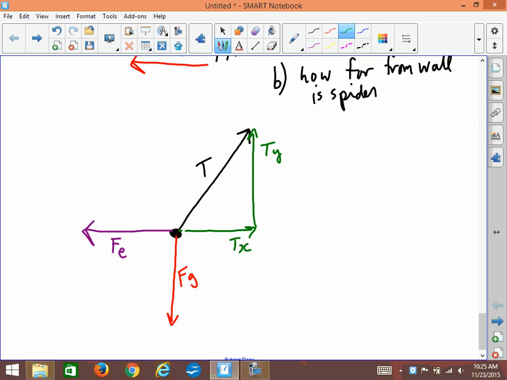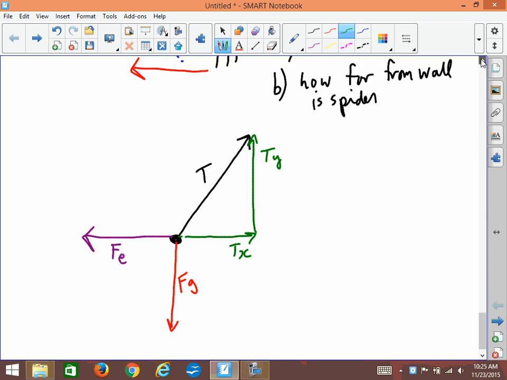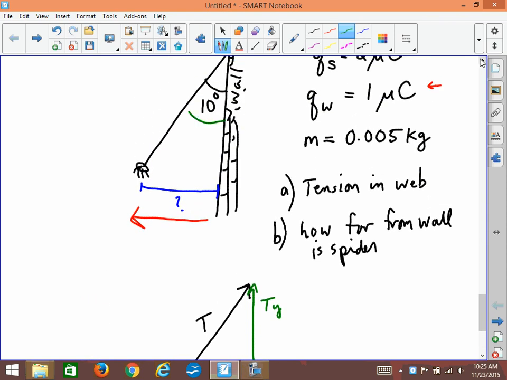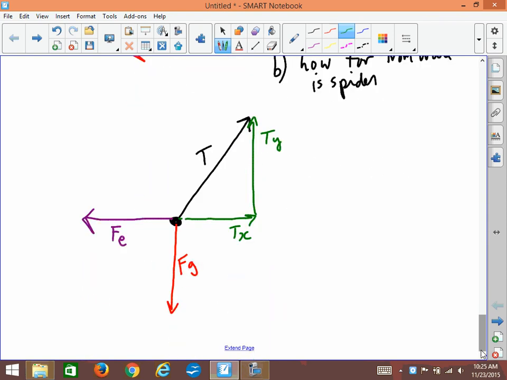And since we know the angle between the vertical wall and the web is 10 degrees right here, we know that Ty will be T cosine 10 because it is adjacent to the 10-degree angle that I'm using. And Tx will be T sine 10 because it is opposite to the angle that I'm using of 10 degrees right there. So far, so good.